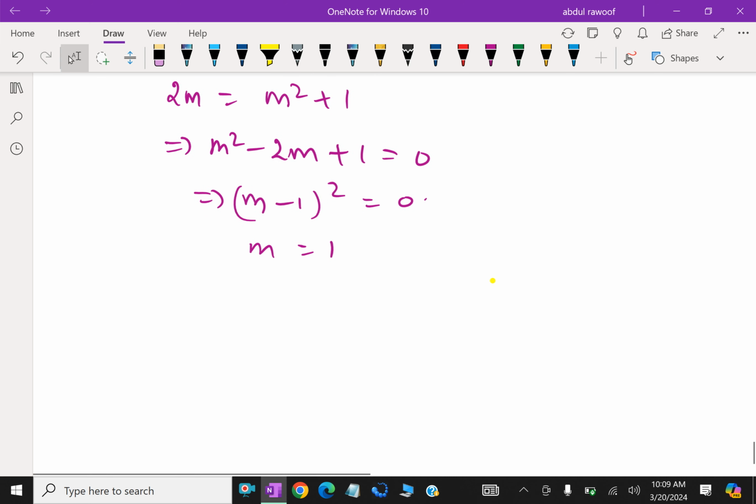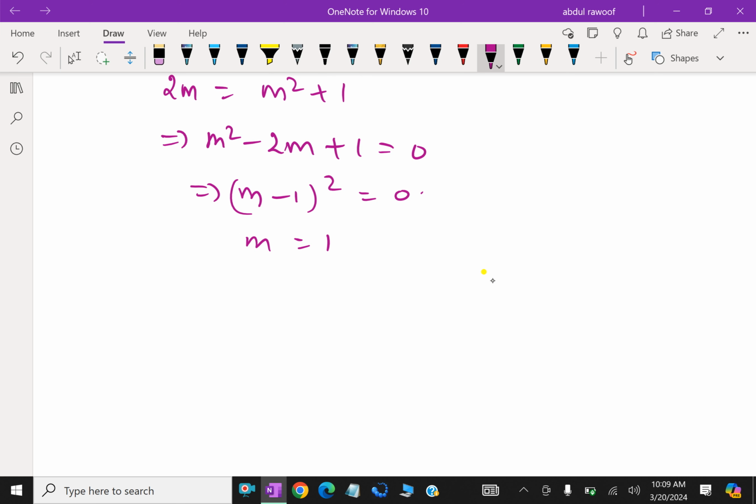So already we have m is square root of x minus 1 over x.